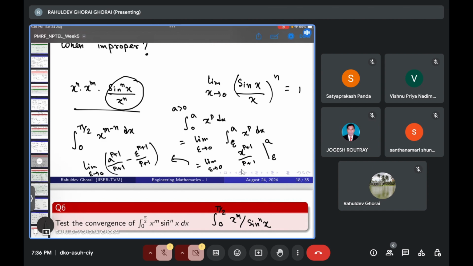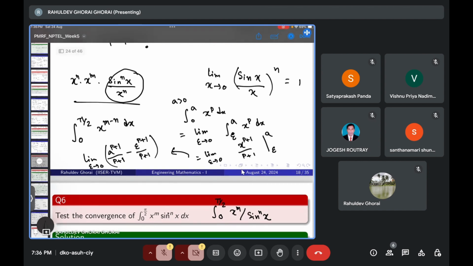So now what we will see, this first quantity is independent of epsilon. So the problem will be here, the limit as epsilon tends to 0 of epsilon to the power p plus 1 by p plus 1. So when p plus 1 is greater than 0, then epsilon to the power p plus 1 converges to 0.